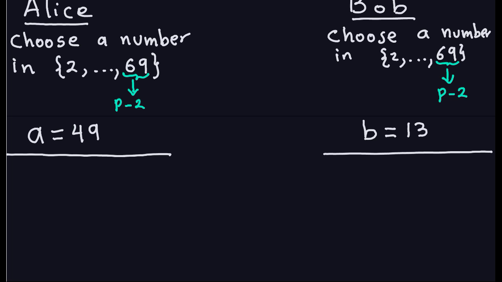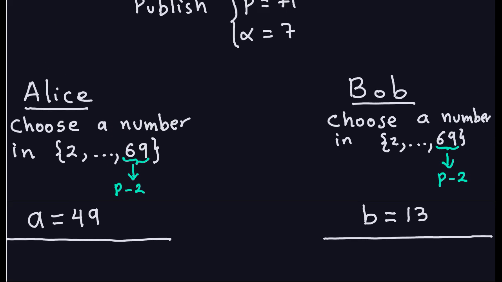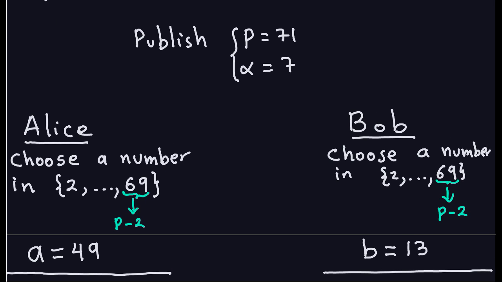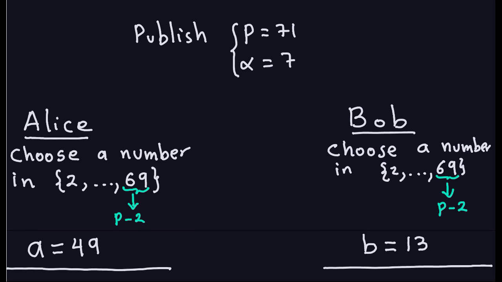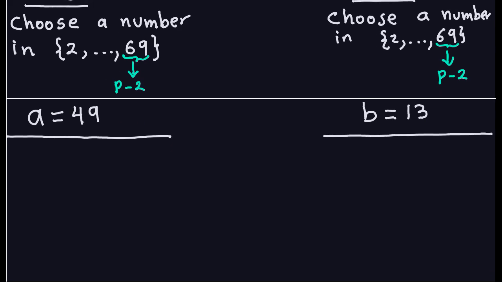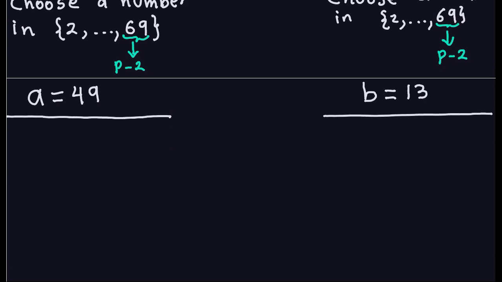So now what Alice has to do, because Alice of course knows the public parameters p and alpha, is a modular exponentiation. She's going to take alpha to the number that she chose. So it's going to be 7 to the 49, modulo the prime, which is also public, in this case 71.